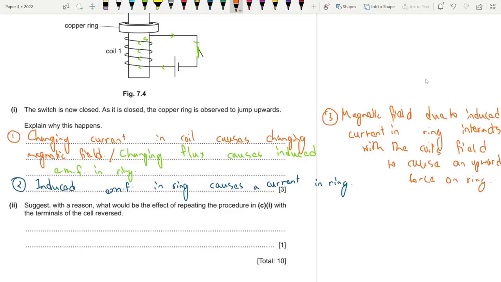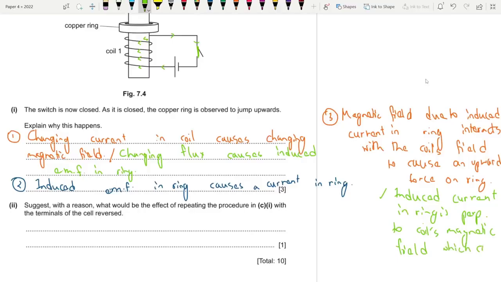Okay, or you could say this, that the induced current in the ring is perpendicular to the coil's magnetic field, which causes an upward force on the ring.